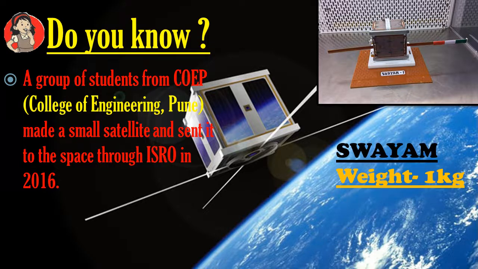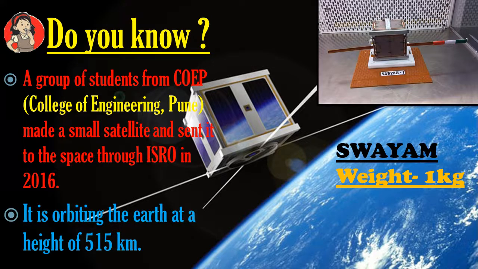It is a very small satellite, but it is a great victory and a very big achievement for these students. It is orbiting the Earth at a height of 515 kilometers in the low Earth orbit, and the main objective of the satellite was to provide point-to-point messaging services using a special method.